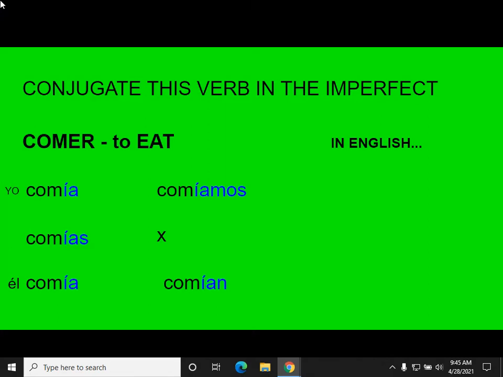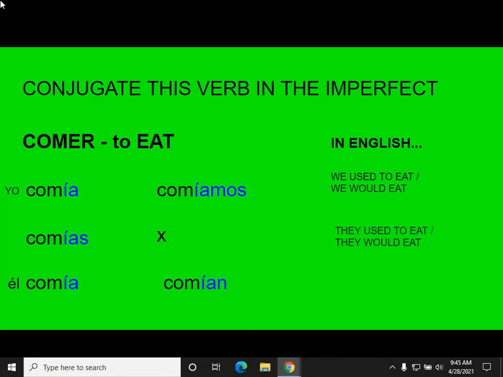So let's write down what they actually mean when we use the imperfect. So what is nosotros comíamos? What does that one mean? That's right. We used to eat or we would eat. Okay, the next one says ellos comían. What would that one mean?